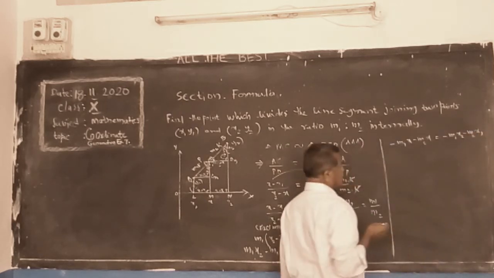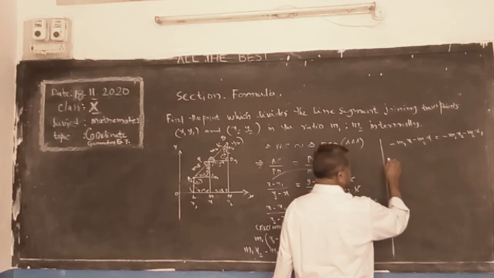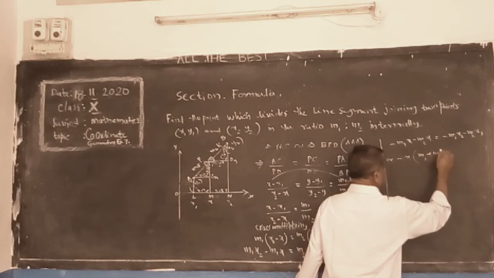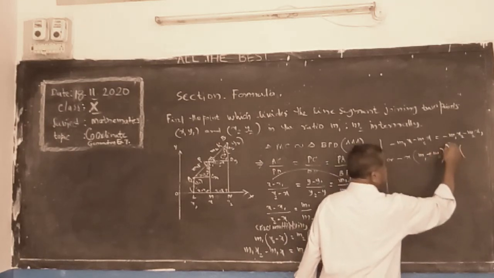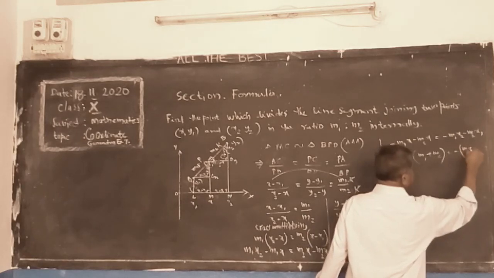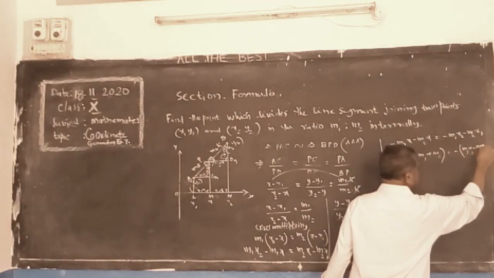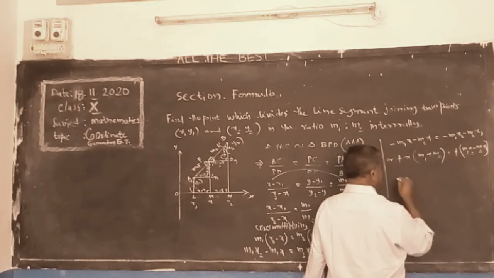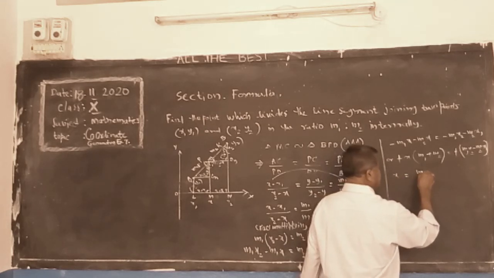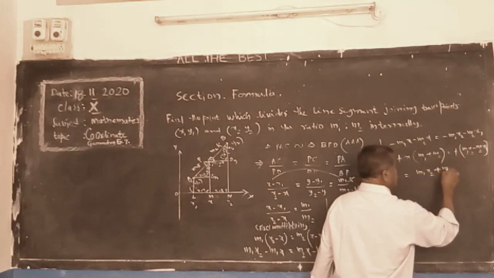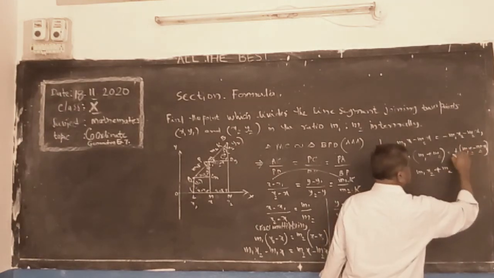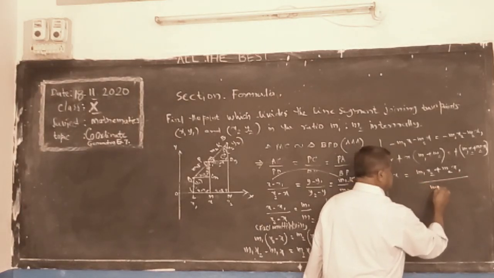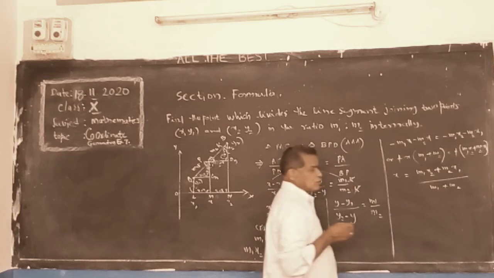In all the terms we have negatives, or we can write taking x common: minus x common times (m1 plus m2), and here minus, taking common, (m1 x2 plus m2 x1). The minus cancels, so x is equal to (m1 x2 plus m2 x1) by (m1 plus m2). This is the x coordinate.